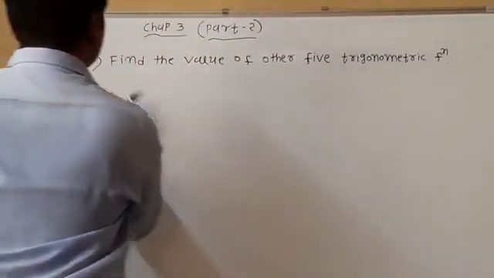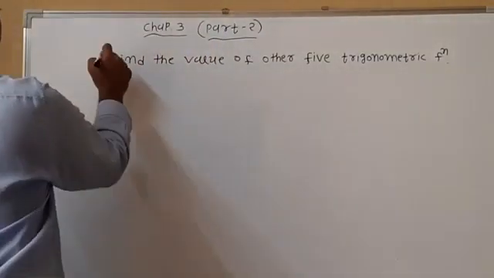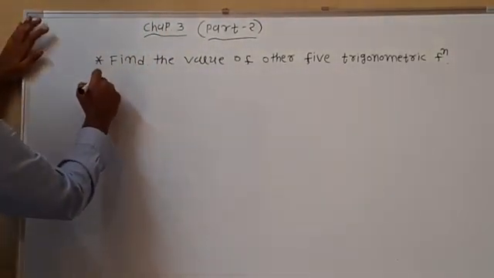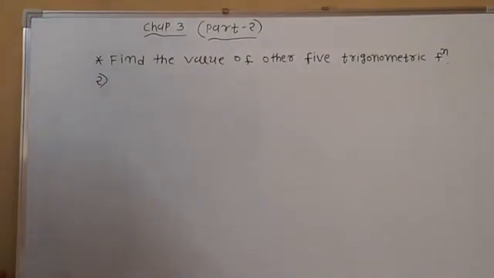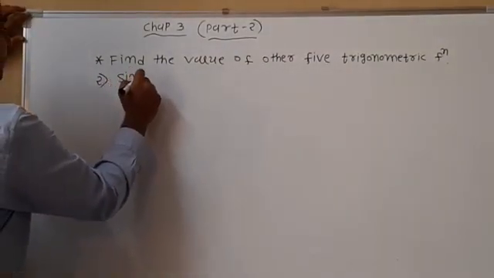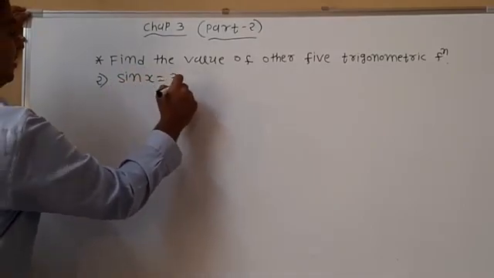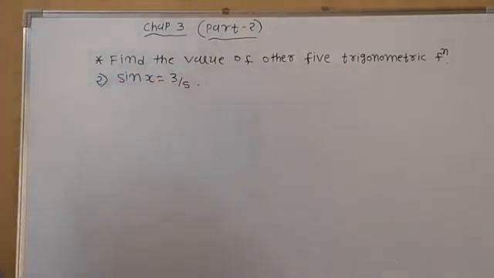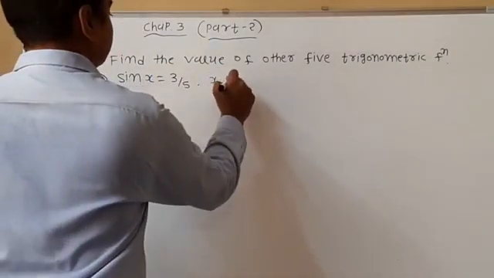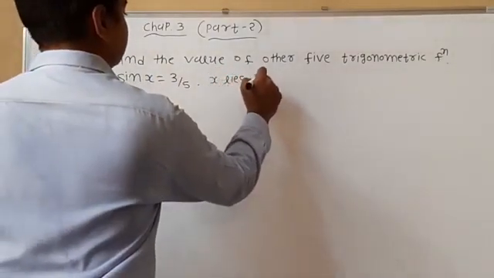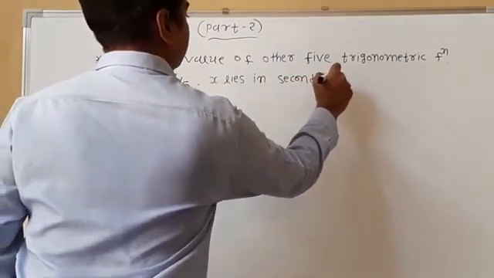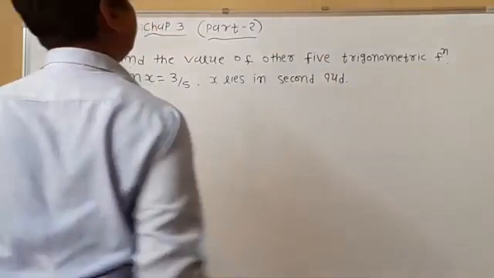Question number 2. Condition same. Second question: sin x is equal to 3 upon 5, and the condition is that x lies in the second quadrant.